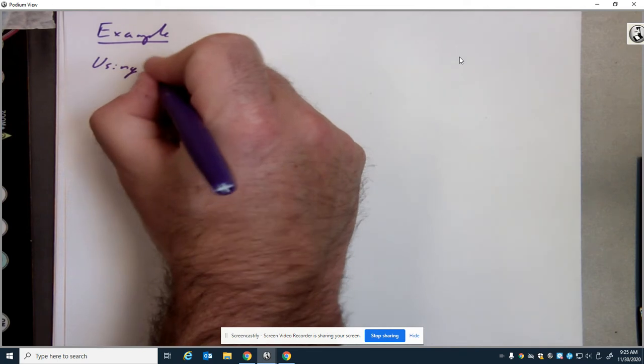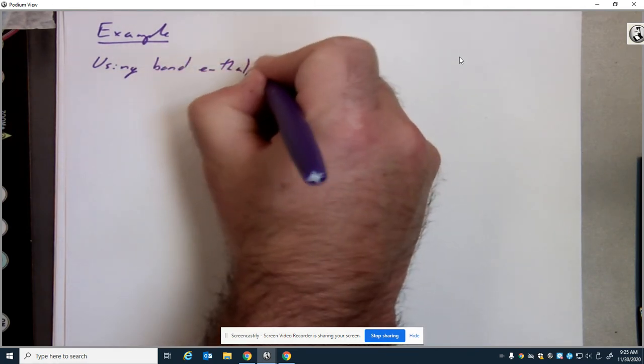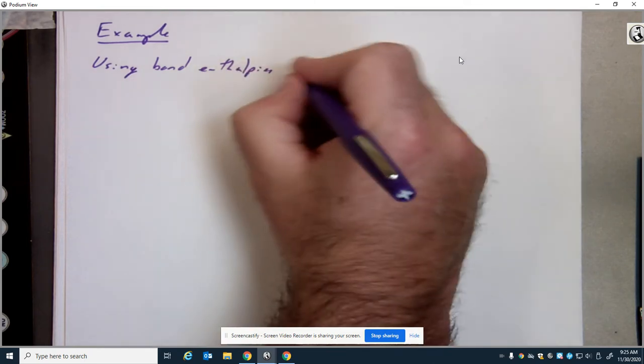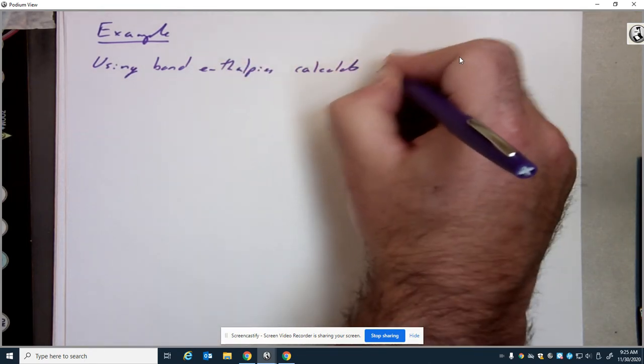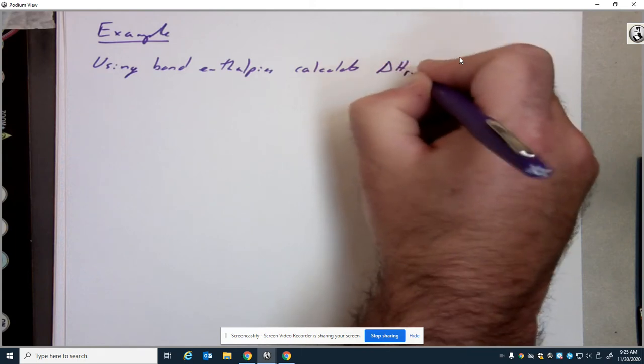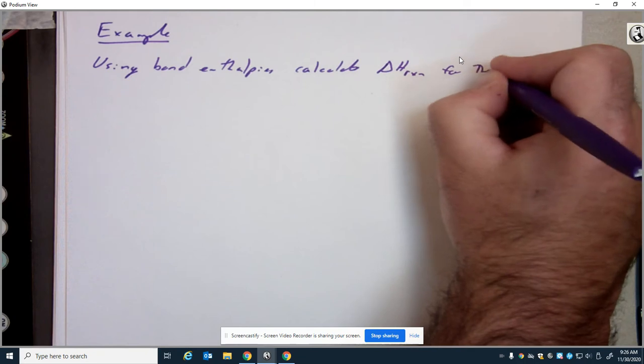Using bond enthalpies, calculate the delta H of reaction for the following.